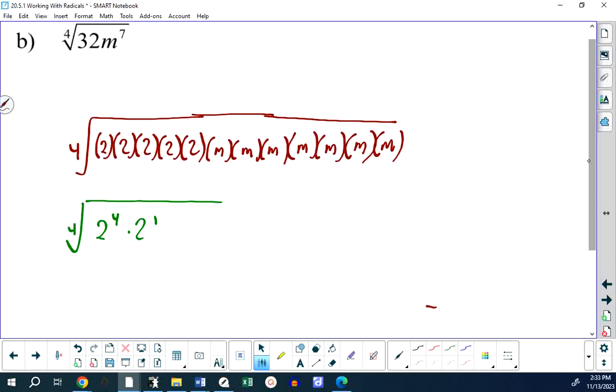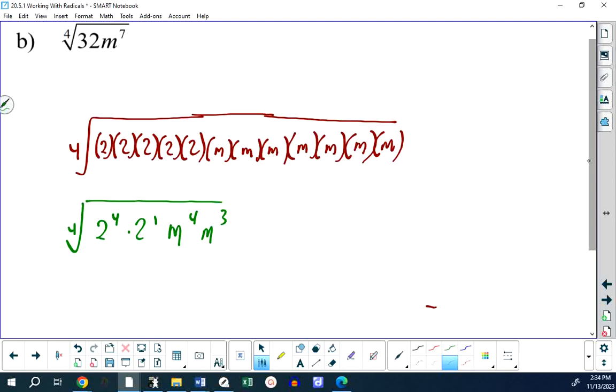We're trying to extract groups of 4, and I have m to the 7. Is there going to be 4 m's in m to the 7? No. So I can put m to the 4. Are there going to be another group of 4 m's? No? Then I write m to whatever is left over. I like this part in green. I think this is cleaner.